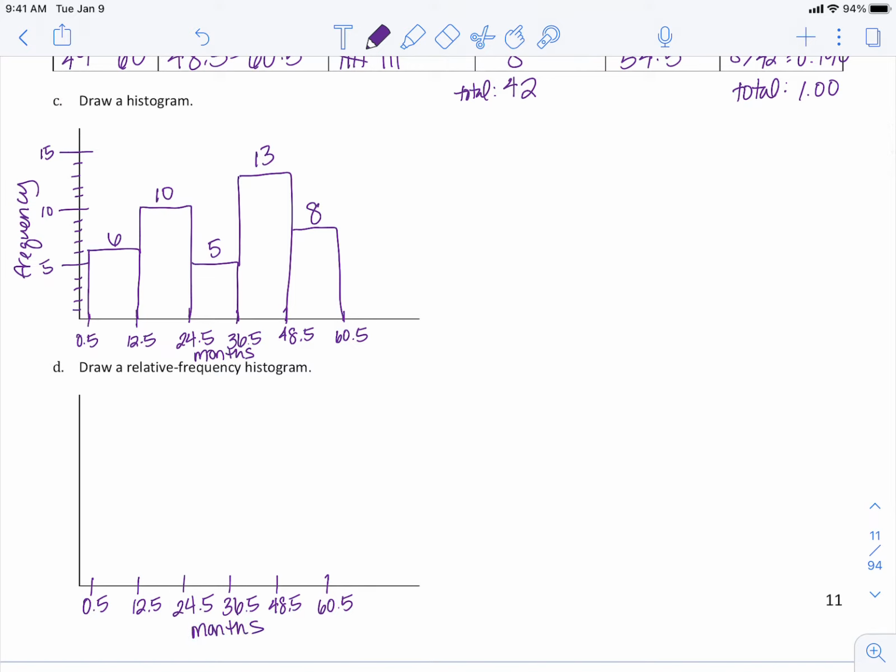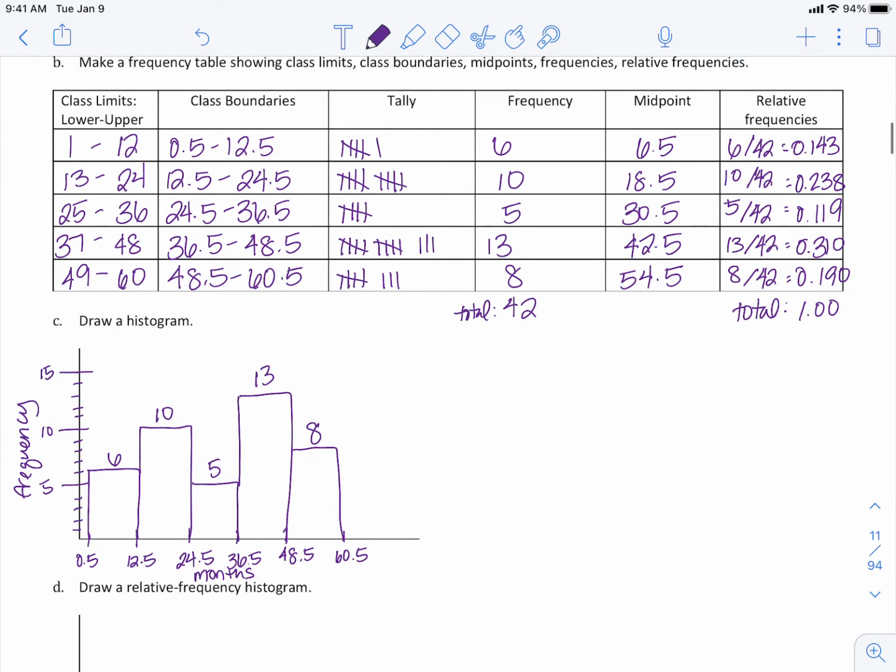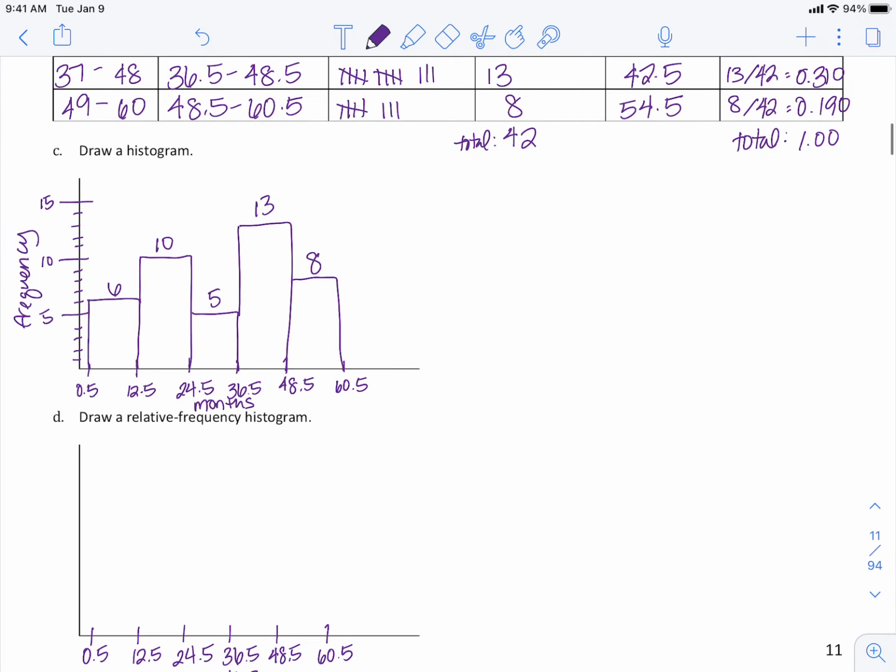Our y-axis is now the relative frequency. If you notice, the largest number we have is 0.310. So I'm going to label, this is our relative frequency. So we have 0.1, 0.2, 0.3.